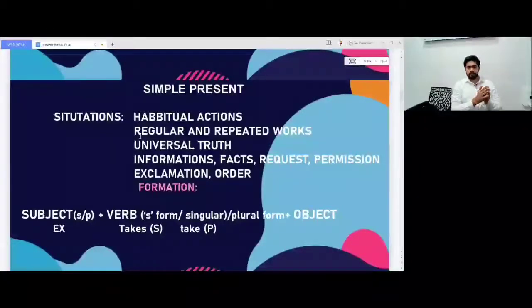After that I will give you past, future, passives, and common conversational phrases in English.